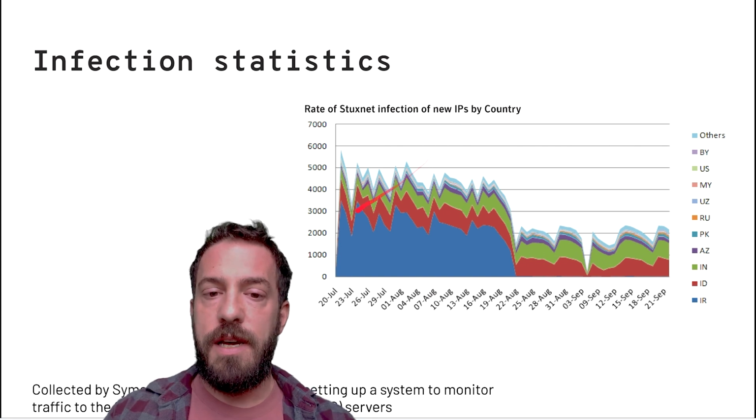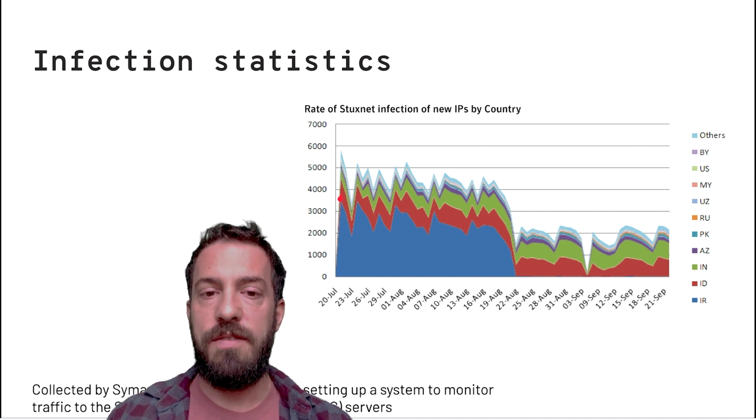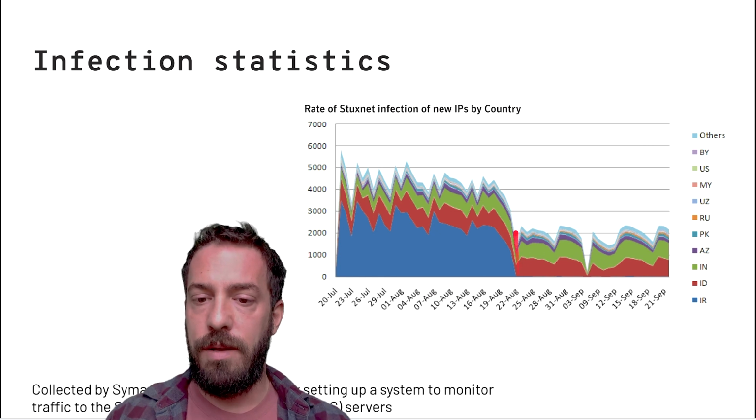For infection of new IPs per country, you see this system that Symantec set up to monitor the infection. They were checking which IPs were talking to and from which countries. And you see Iran had a lot for many days, and then there was a sudden drop around the 22nd of August.